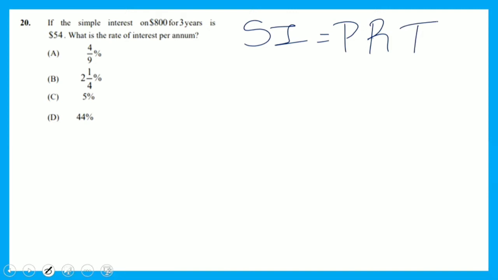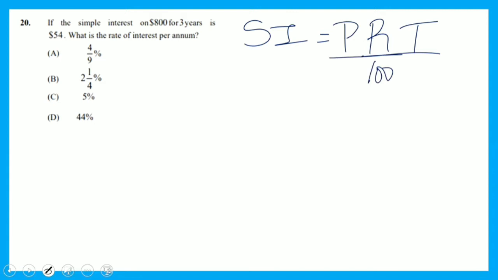And a rate is percentage. So whatever the rate is, if we find out that it's 5%, that's clearly like 5 over 100. So the simple interest formula looks like this. Simple interest equals principal times rate times time over 100.